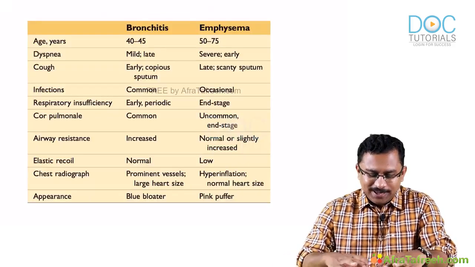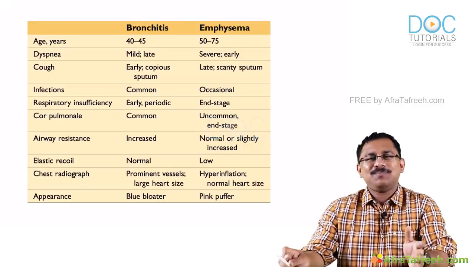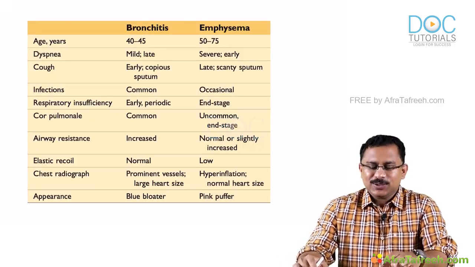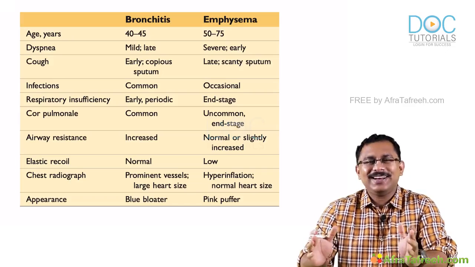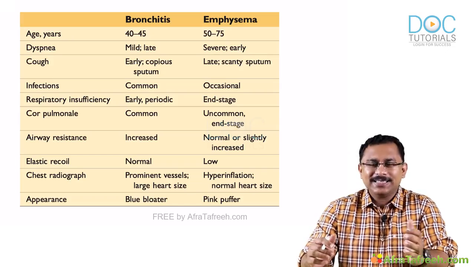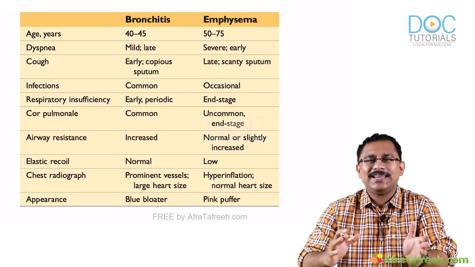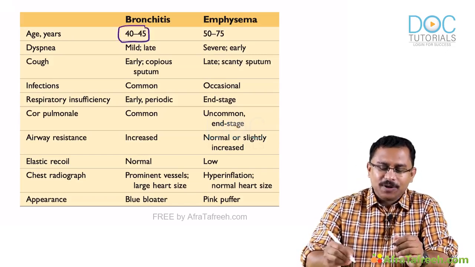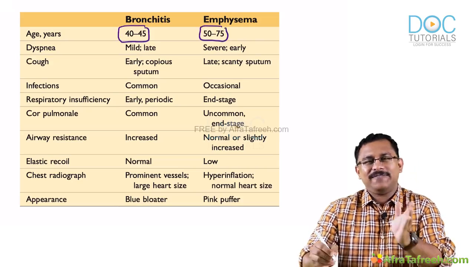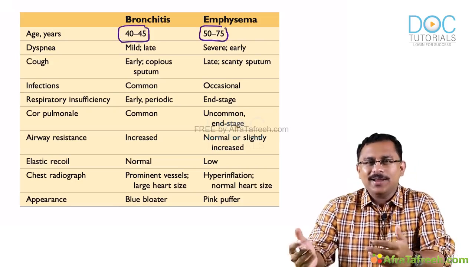Now, just to make a comparison between chronic bronchitis and emphysema, this one also I have taken from Robbins' textbook, okay, on the difference between bronchitis and emphysema, because it is given nicely in Robbins, the differences. See, bronchitis 40 to 45 years age group, emphysema slightly older age group.